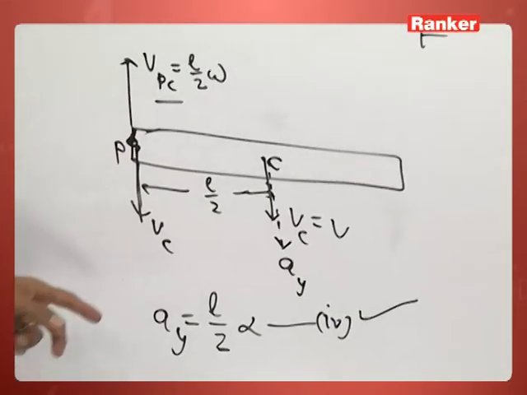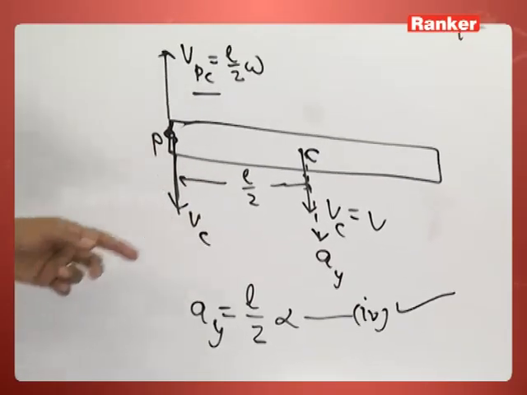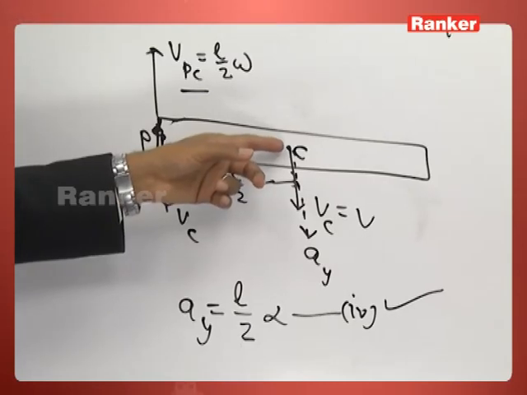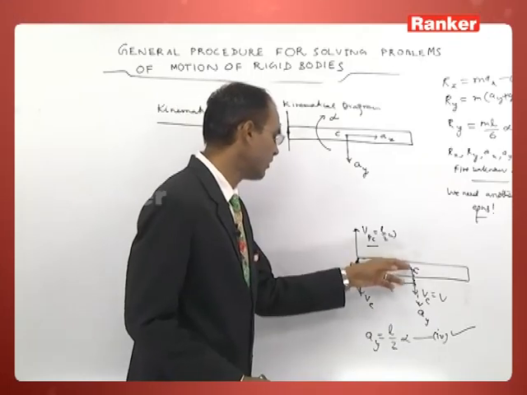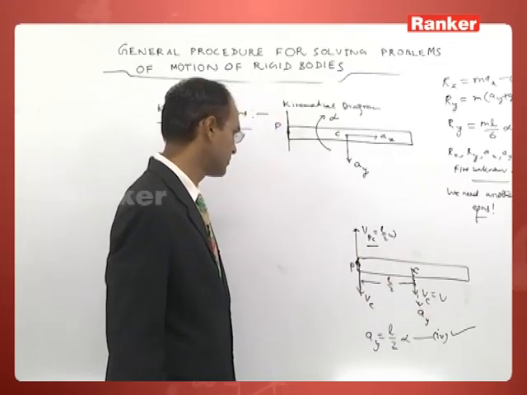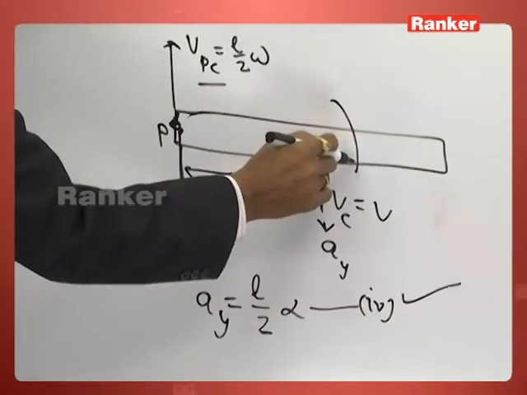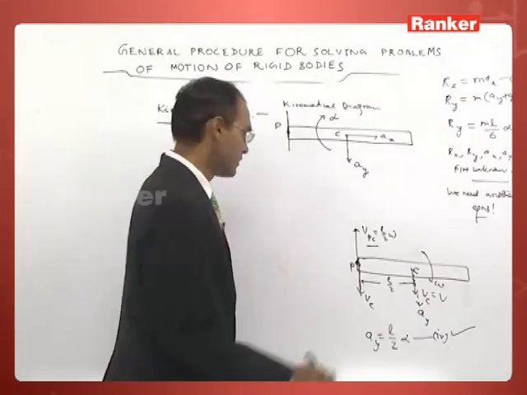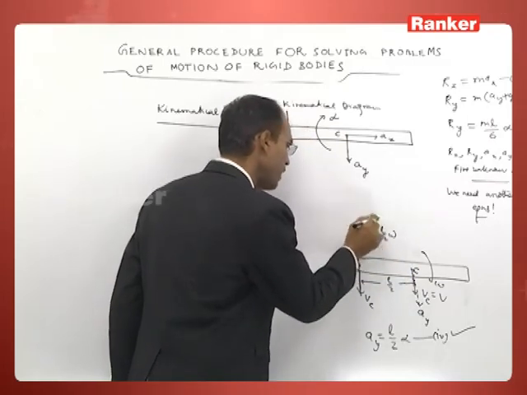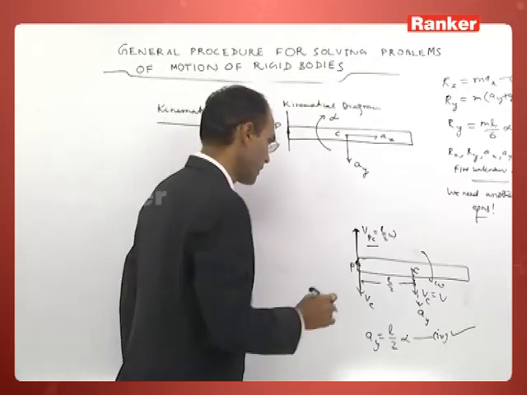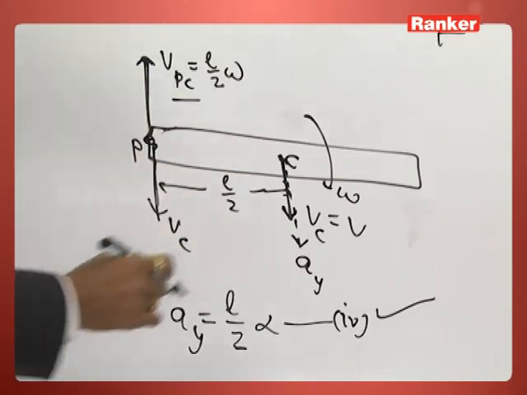Here the rod is moving. Let us assume that the center of mass of the rod moves with the velocity v down, and the angular velocity of the rod, let it be omega. So this point velocity with respect to the center of mass, that is Vpc, will be equal to L by 2 omega in this direction, and the center of mass of the rod will move down, that is Vc is down.